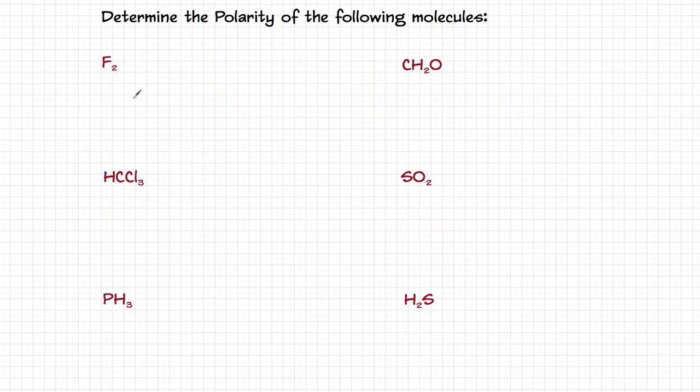Okay, here we are, and we're being asked to figure out the polarity of the following molecules. The first step that you want to do is go ahead and draw down the Lewis dot diagram. So I'll do that for F2.